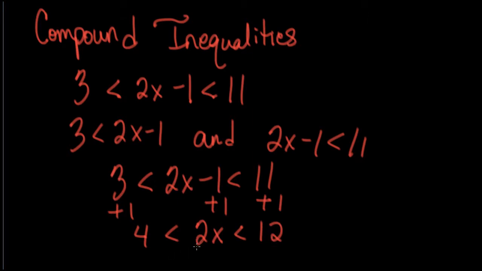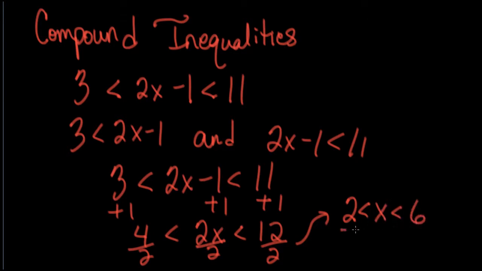So the next thing I'm going to do is divide everything by 2. And when I divide everything by 2, I'm left with 2 is less than x is less than 6, or x is greater than 2 and less than 6.